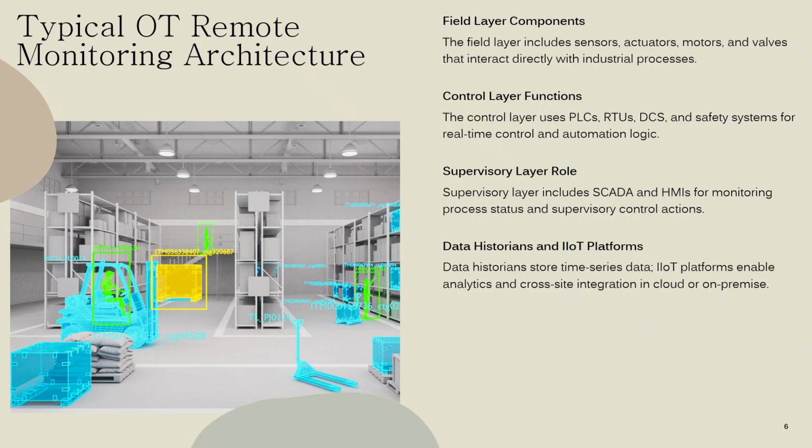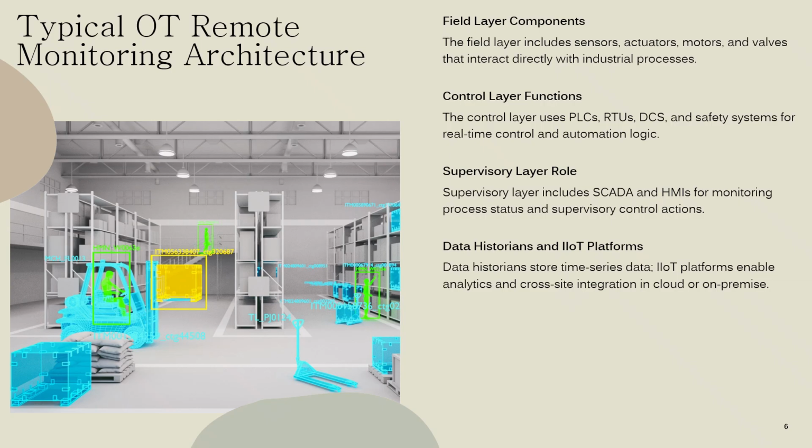The supervisory layer sits on top of the control layer and it includes SCADA systems and HMIs. This is where operators monitor process status, acknowledge alarms, and perform supervisory control actions.